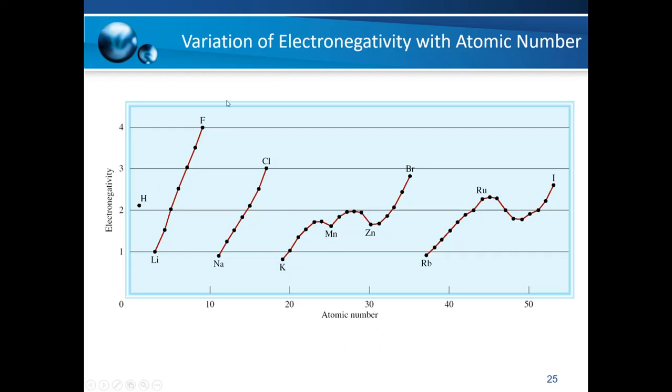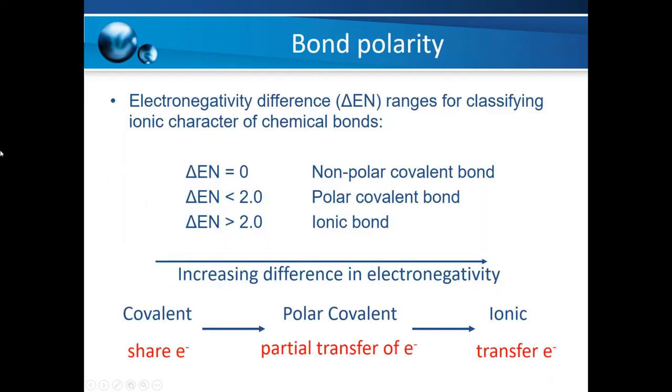So electronegativity is quite different for each species of compound. And to know the bond polarity, what is bond polarity? Bond polarity is the electronegativity difference range for classifying the ionic character of a chemical bond.